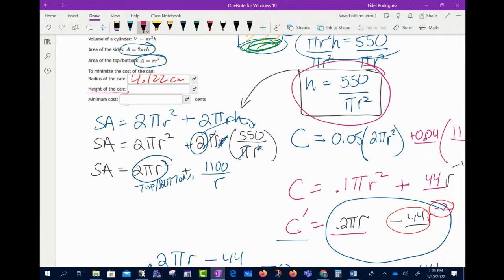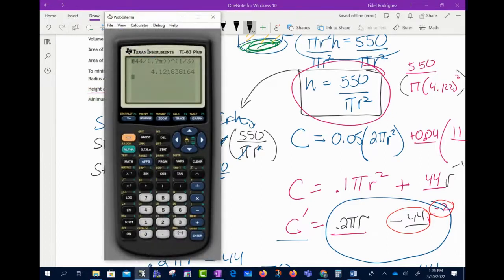The height was equal to 550 divided by pi r squared. So look, I'm going to go like this: 550 divided by pi times 4.122 squared. The way I'm going to enter this in my calculator is like that.